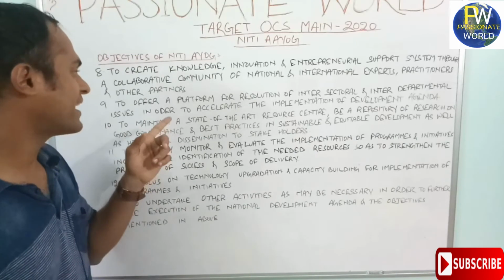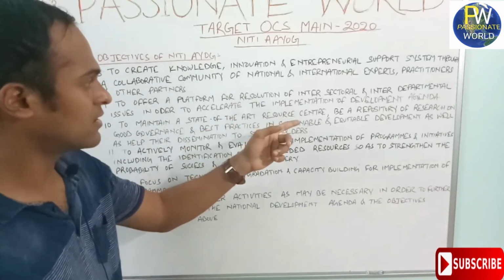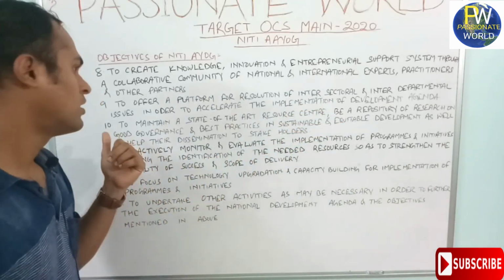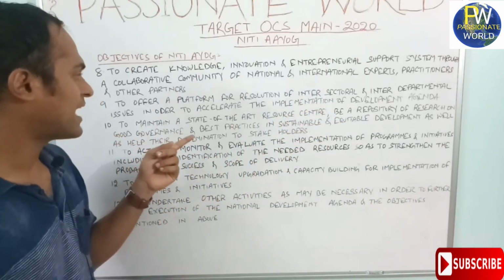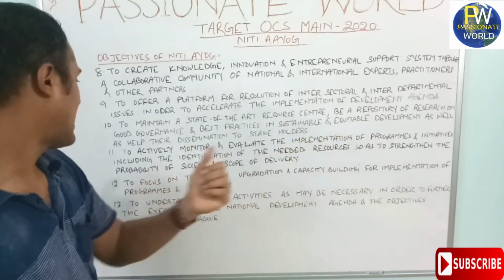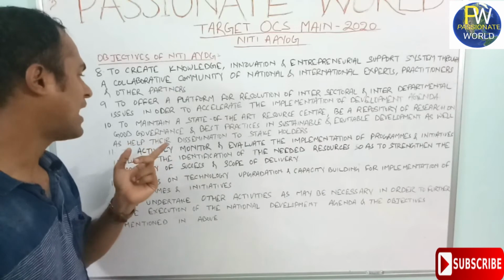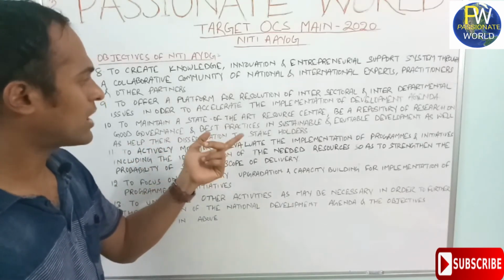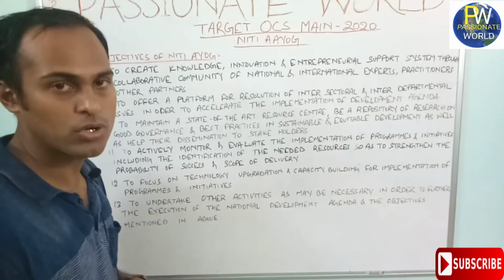Then to maintain a state-of-the-art resource center, be a repository of research on good governance and best practices in sustainable and equitable development, as well as to help their dissemination to stakeholders.